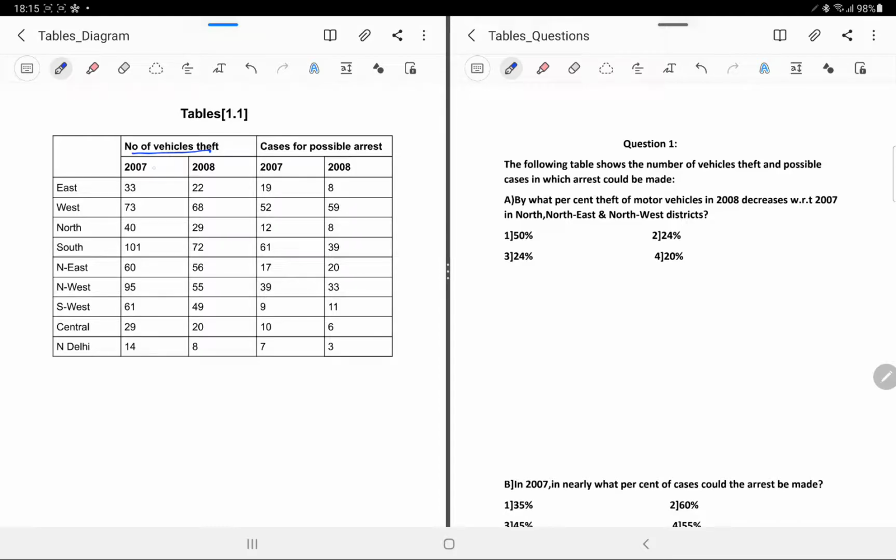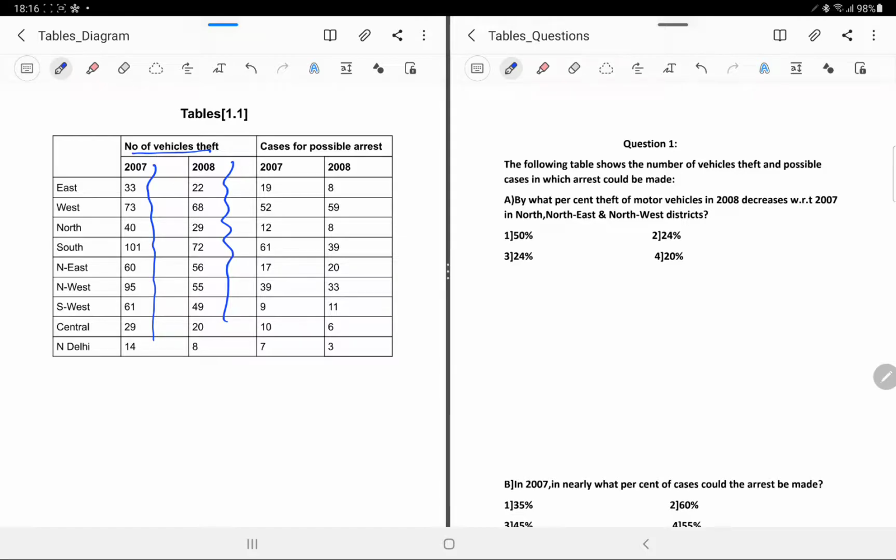What we are given over here is basically the number of vehicles stolen in the year 2007, and in this row we are given the number of vehicles stolen in the year 2008. So you will be given some sort of data in tabular form, and then you would be asked to compute either the sum, or the change over the period, and all that stuff. Okay, so that is what the table is all about.